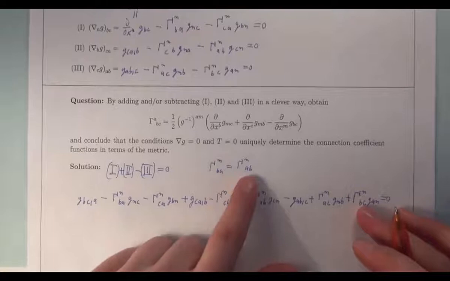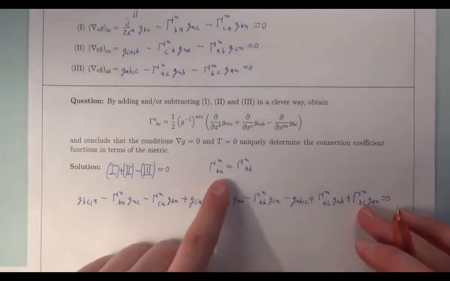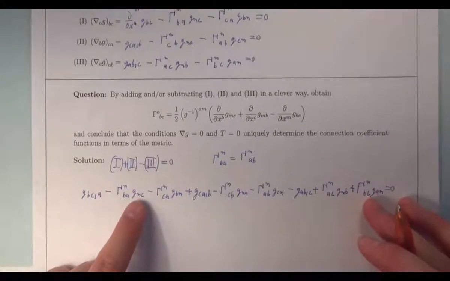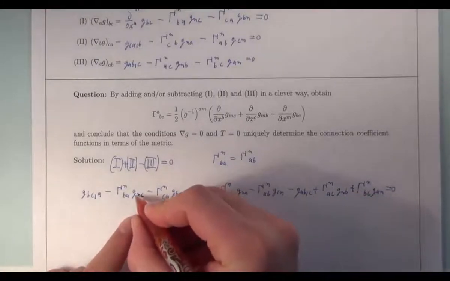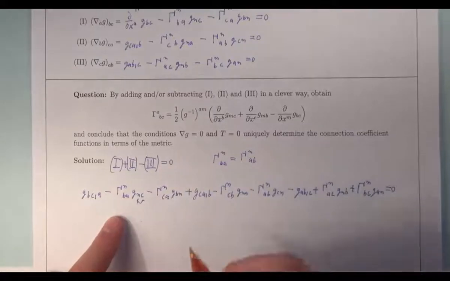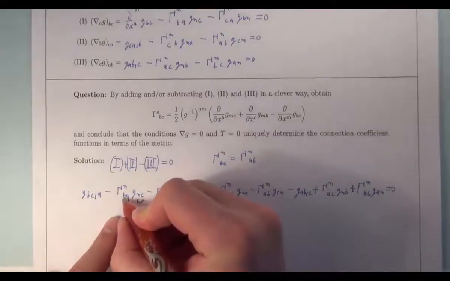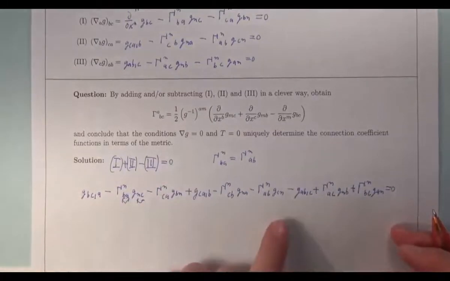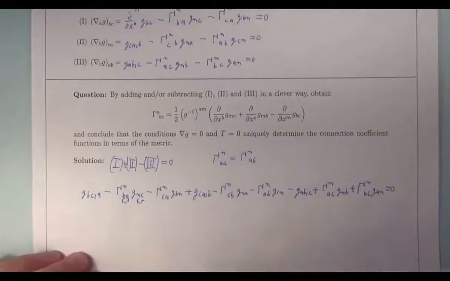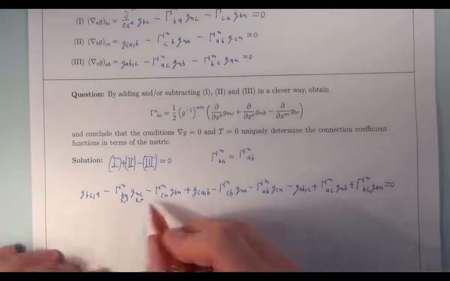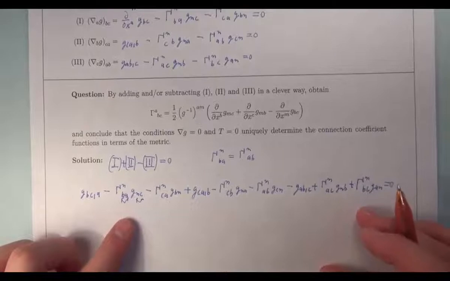Therefore, we can just switch these 2 slots. And we also know that the metric is symmetric, so we can change N to C, the places on the right one. And we can also change this 2, and we see that these 2 add up to minus 2. So this we will just keep in mind.